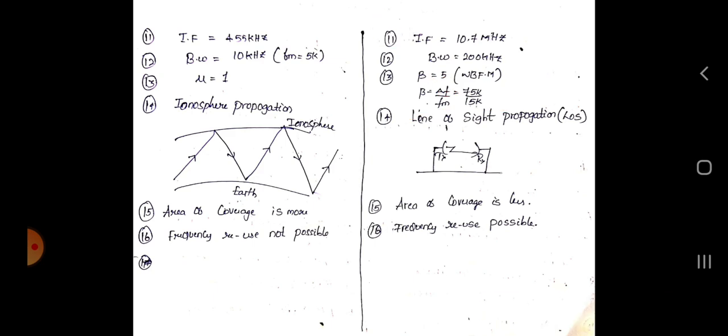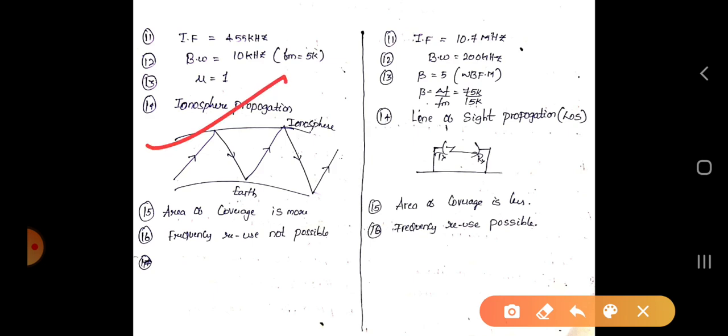And if you see the type of propagation used for AM radio and FM radio: for AM radio, we are using ionospheric propagation. That is, we are transmitting the signal into the ionosphere. At the ionosphere, it is reflected back towards the earth. This is how the transmission moves forward.